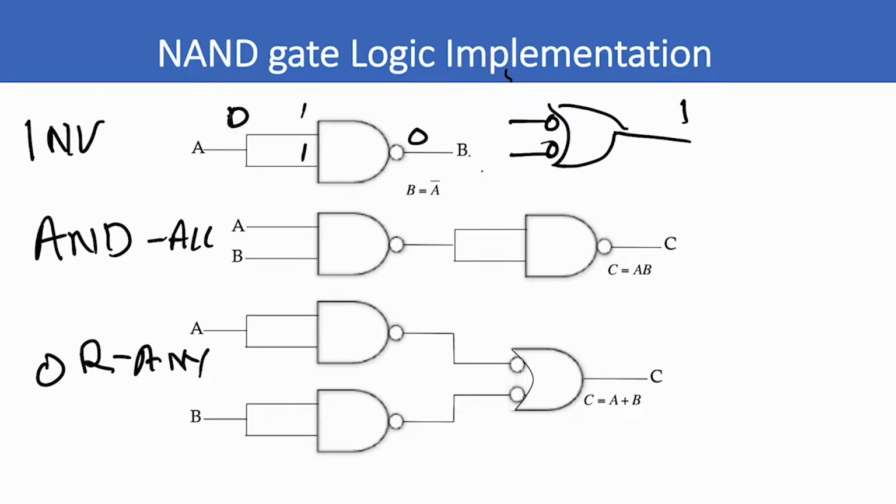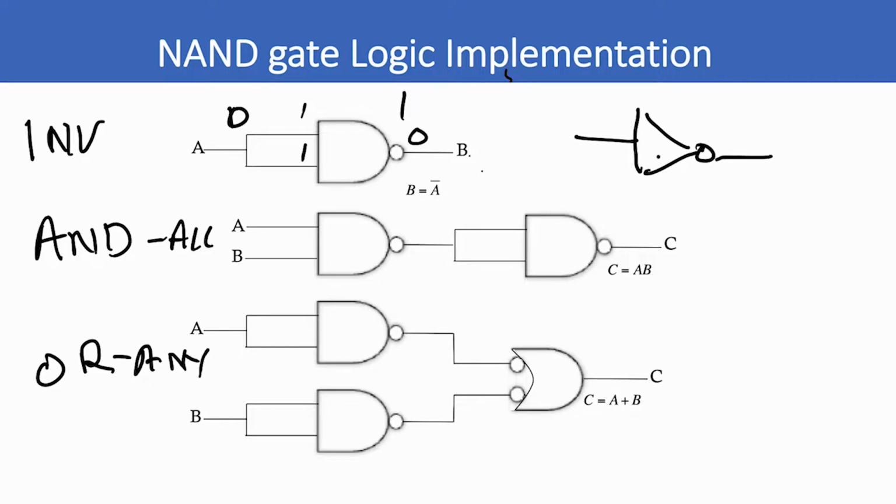So anytime you have a 0 there, you're going to get a 1 right here. So this is just an inverter. That's all it does. It inverts the input. Let's write B is equal to A bar. That's better.